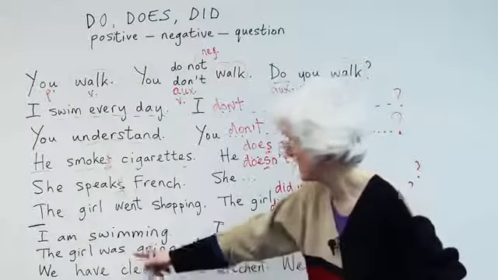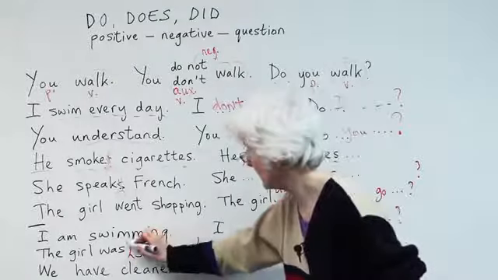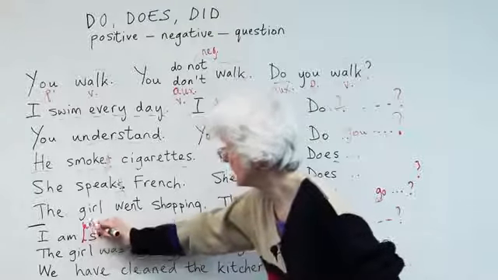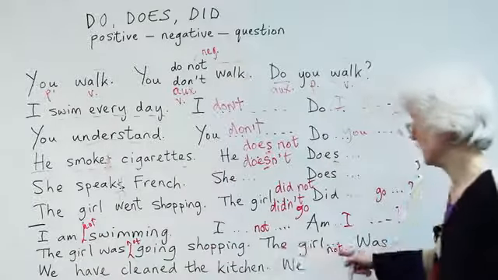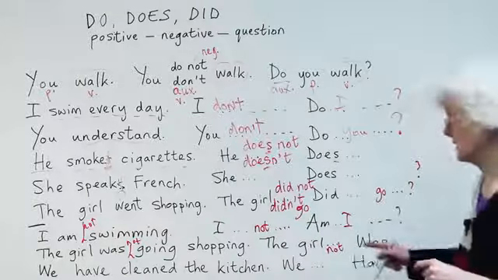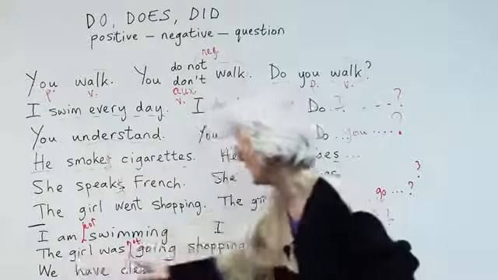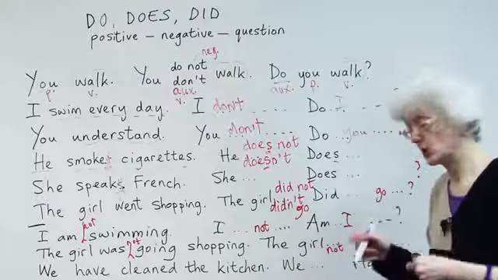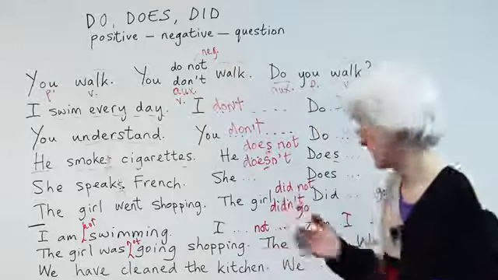So all you're doing is putting not in for the negative. The girl was not going shopping. And then for the question, we just change the word order. Was the girl going shopping? Was the girl going shopping? No need to add any do or does or did.